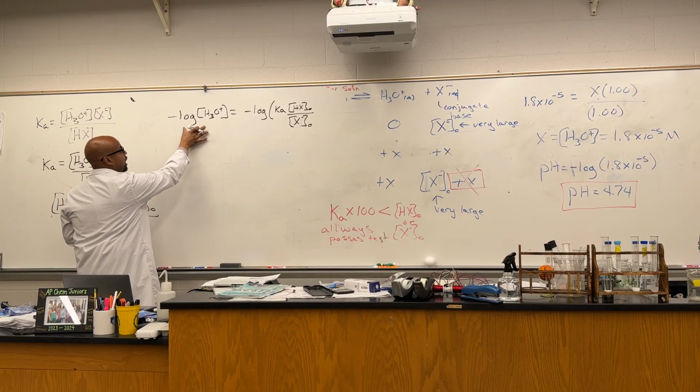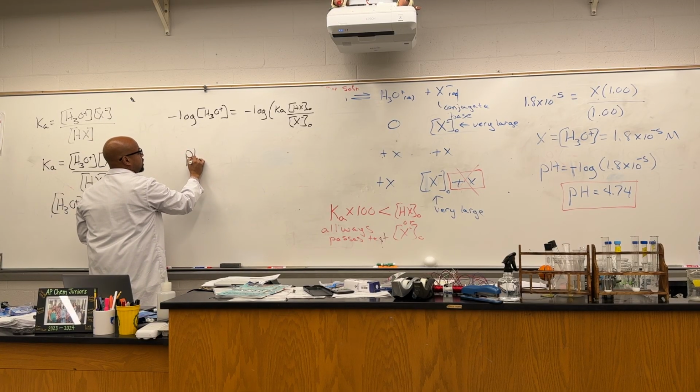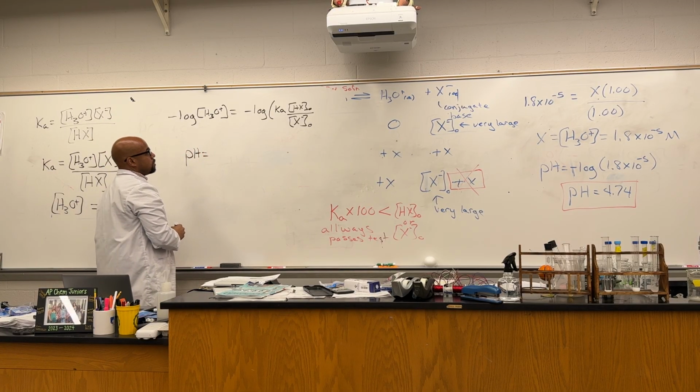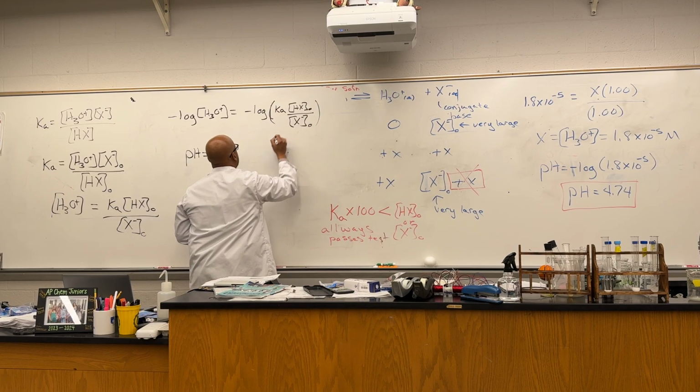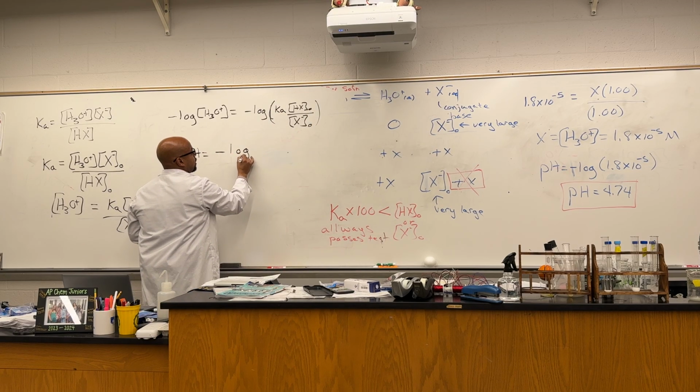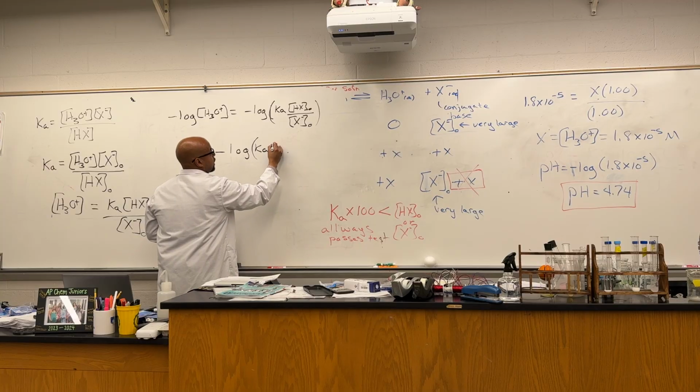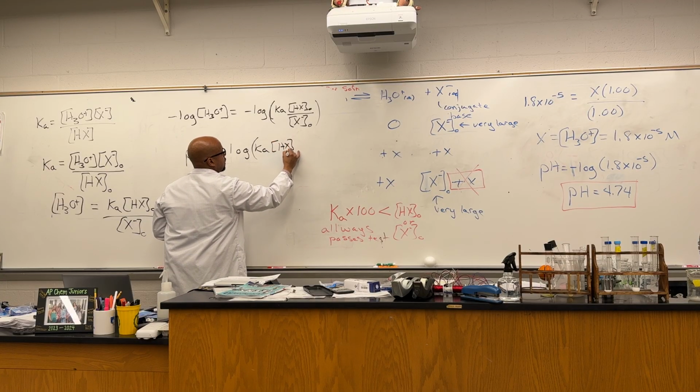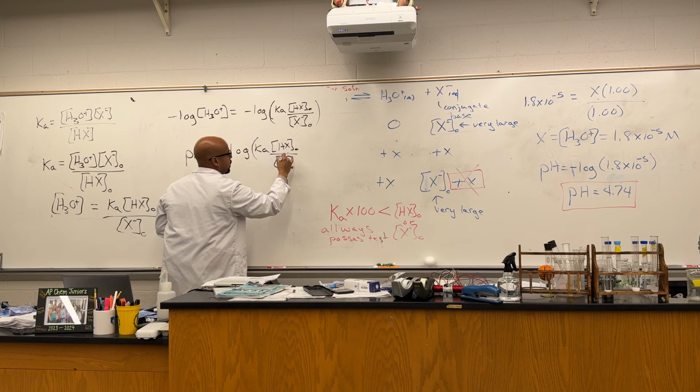And he said, hey, that's nothing more than pH. So pH is equal to the negative log of the Ka times the HX, all divided by the X minus. And once again, these are initial concentrations.